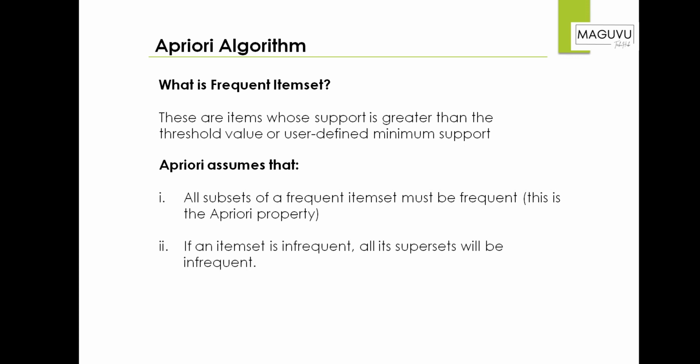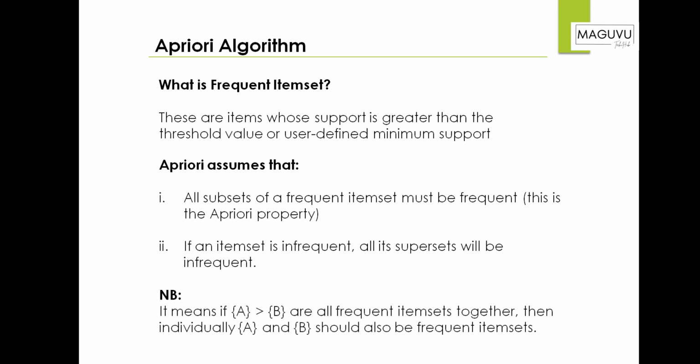If an item set is infrequent, all its supersets will be infrequent. That is, if A and B are together a frequent item set, then individually A and B should also be frequent item sets.